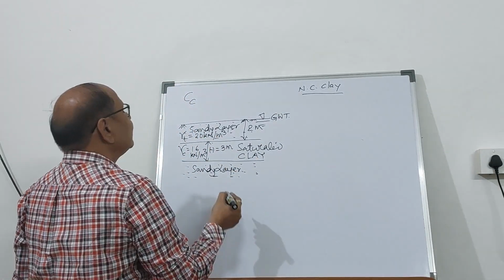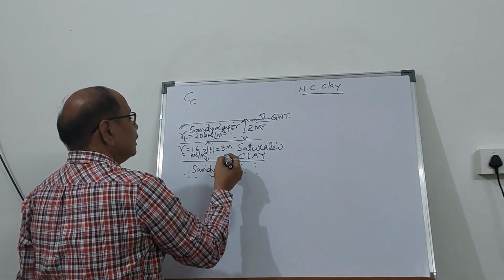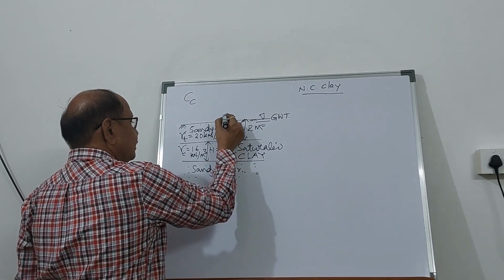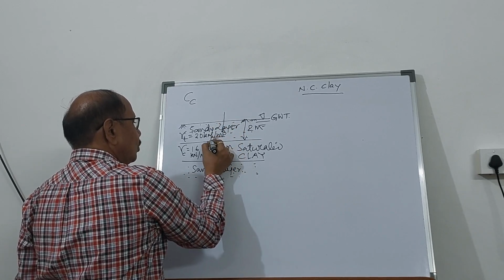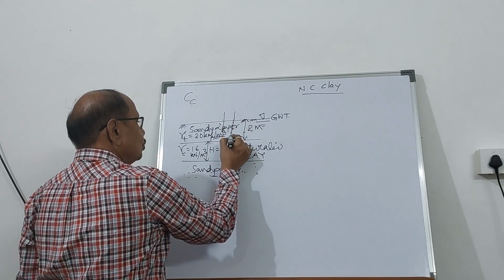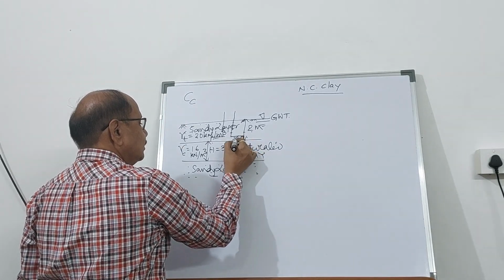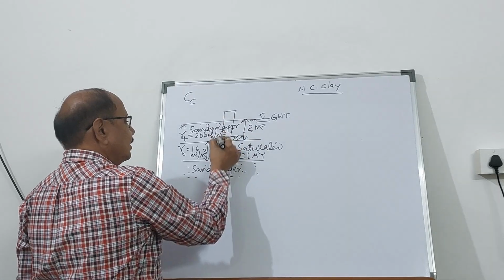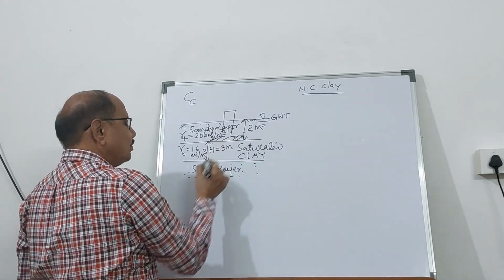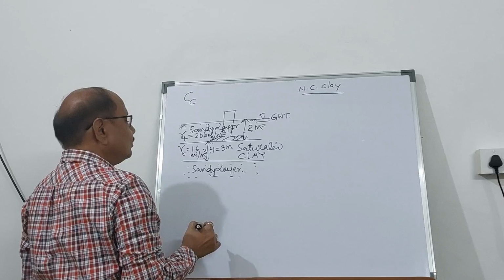Now, let's say we are having a footing which is resting on the clay layer. So, you have a footing. This footing is here on the surface of this clay layer.